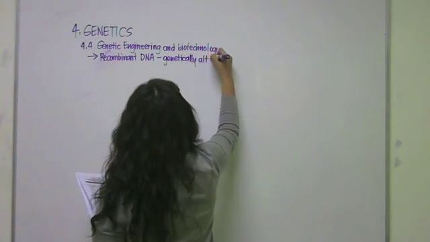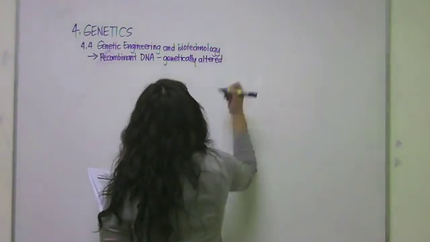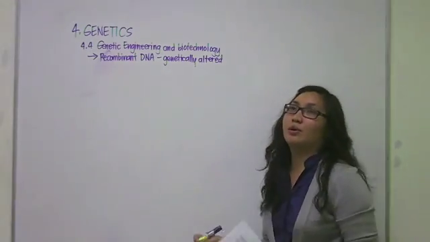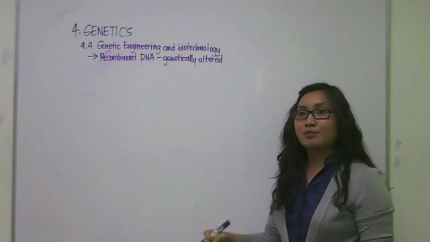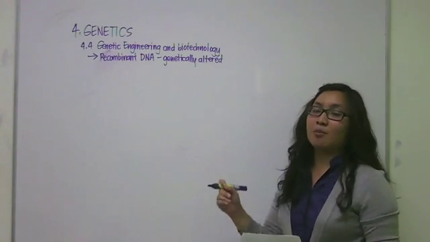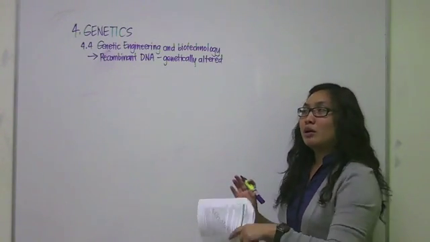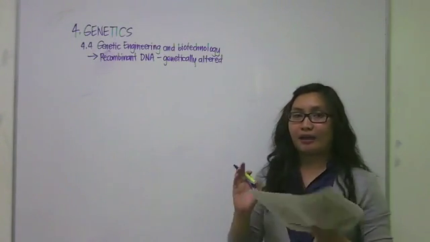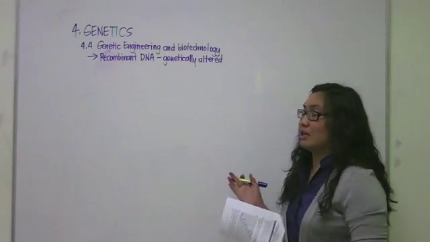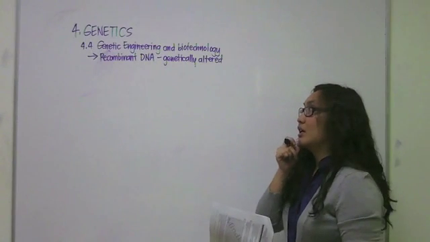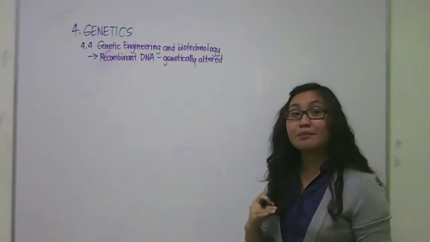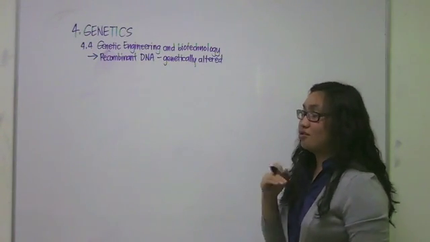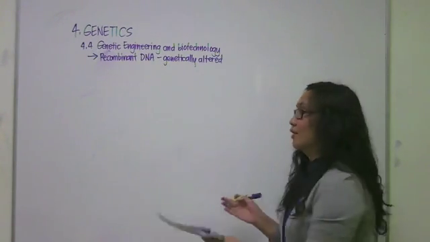Let's just say we are going to insert an insulin producing gene coming from a human into the DNA of a bacterium. In that way, the process is already producing recombinant DNA. So we just need to elaborate on the steps that are required for the DNA transfer.